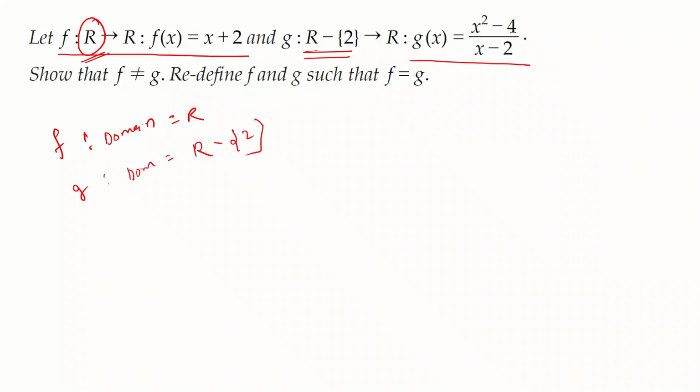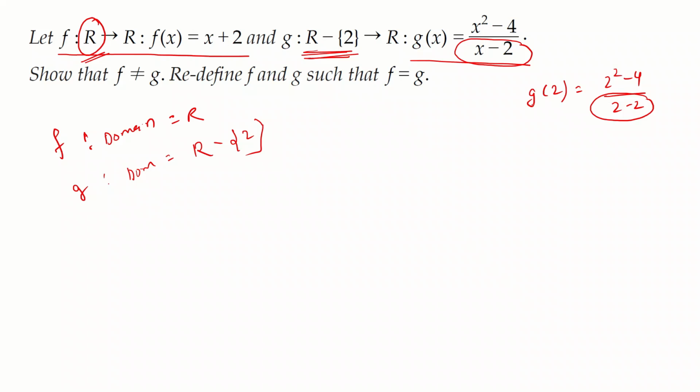And this is quite obvious as well, because remember that denominators cannot have 0. Any fraction cannot have 0 as its denominator. So the domain has to be all of the real numbers excluding 2, because if you try to find g of 2, what you will get is 2 square minus 4 by 2 minus 2, which will give you a 0 in the denominator.